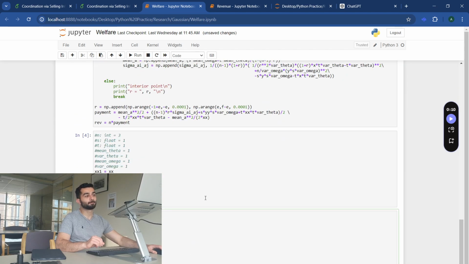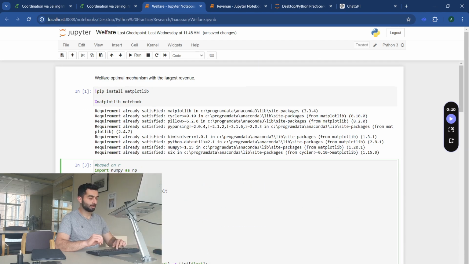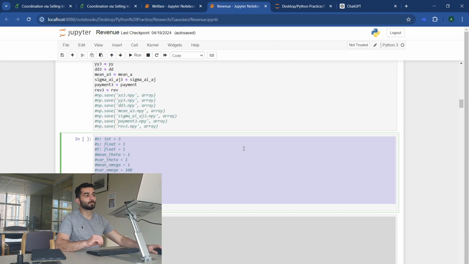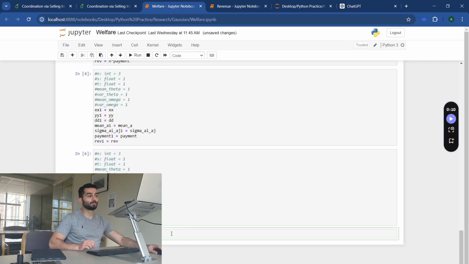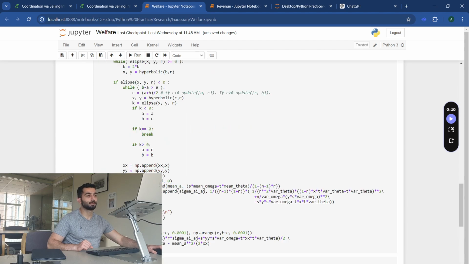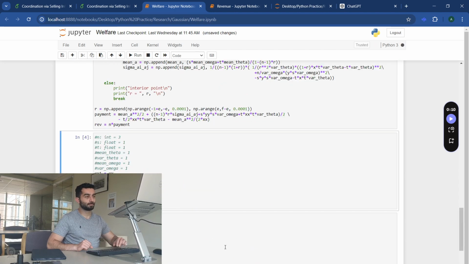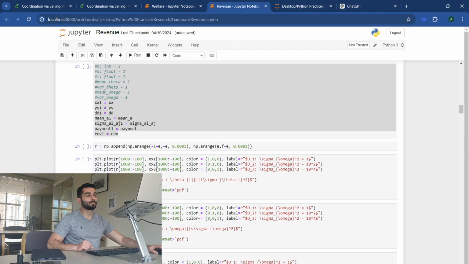So what is 100? Sigma omega squared or something. And this is 10,000. And let's plot now.